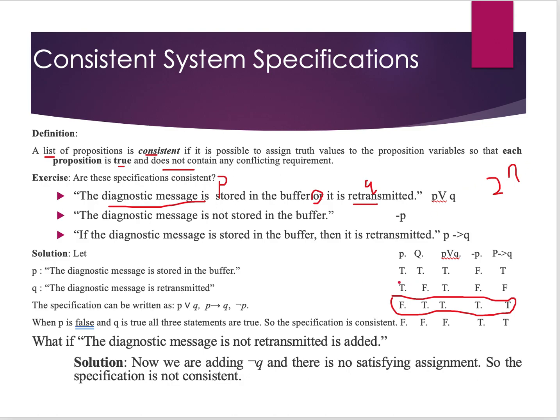So when you do this truth table, you can see here that when P is false and Q is true, then all these statements are true.